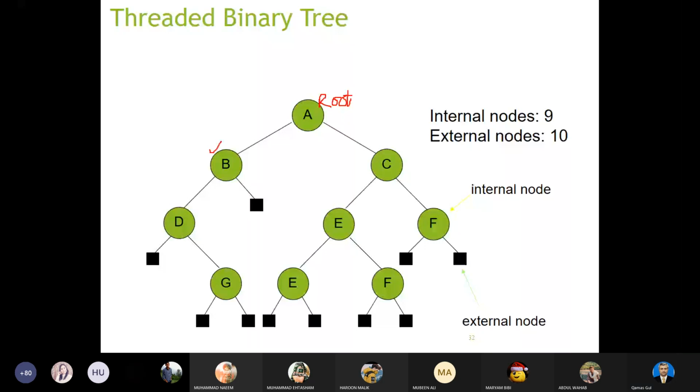What is the in order successor of node B?